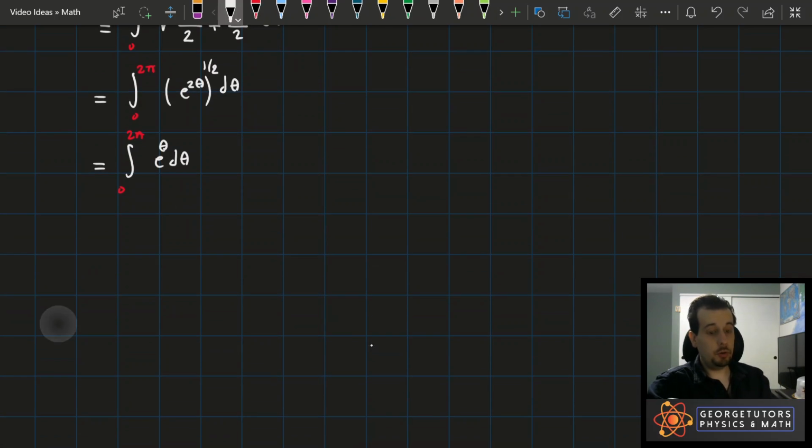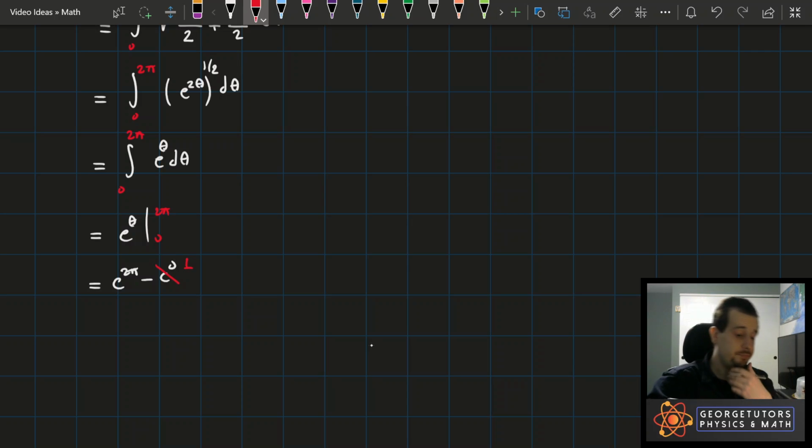And of course, the integral of e to the theta is itself. So our result here is e to the 2 pi minus e to the 0, which is nothing other than 1. And that is our answer for the value of the arc length.